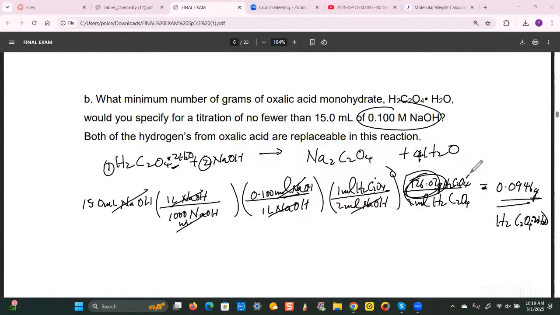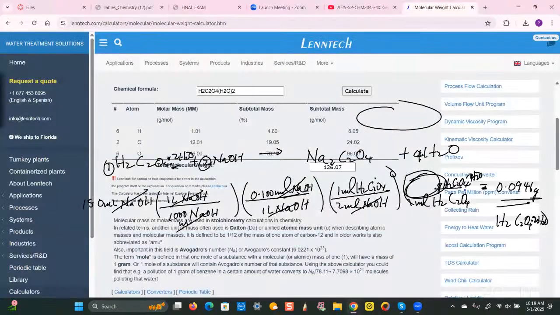That means that the molar mass of the compound is wrong. So let me go back to erasing this here. And let me go back to my trusty molar mass calculator.